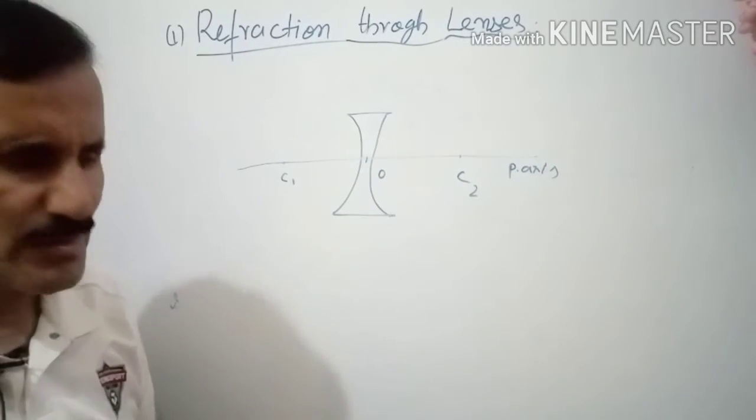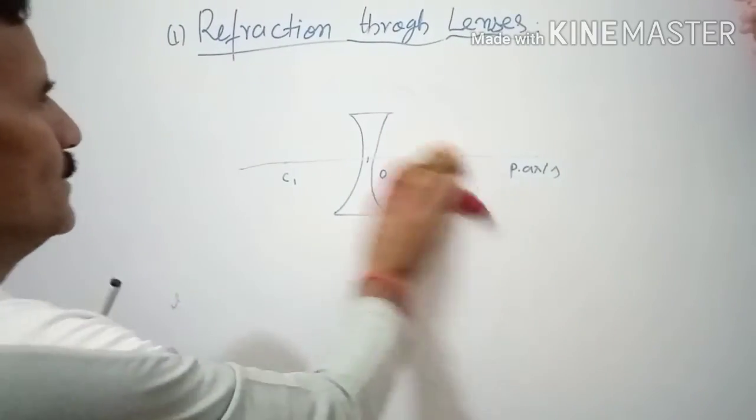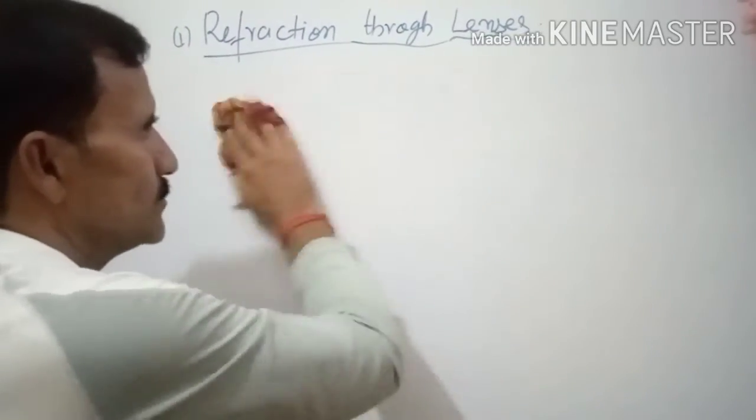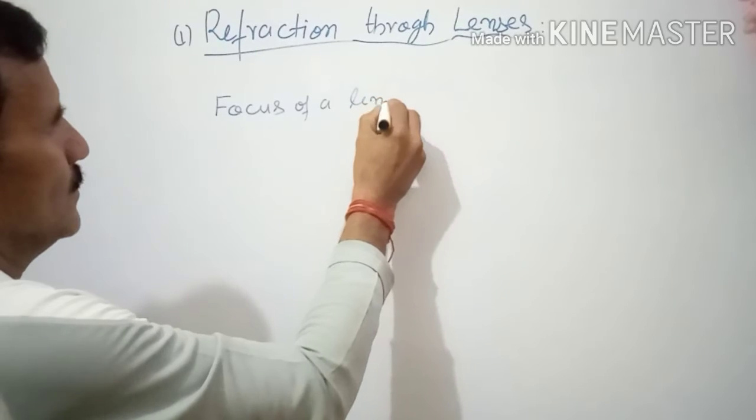Okay, very easy. Now here also you have focus. Here you have two foci, so we have the principal focus and the second focus. Let me explain the focus of a lens.